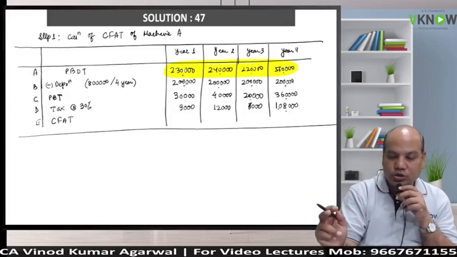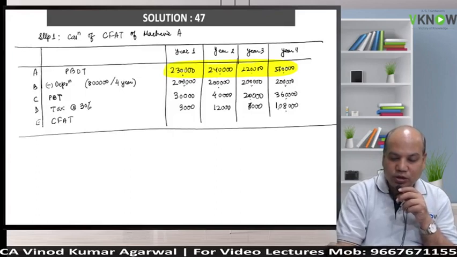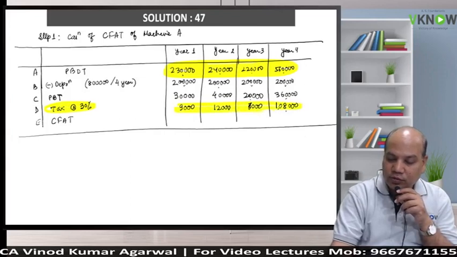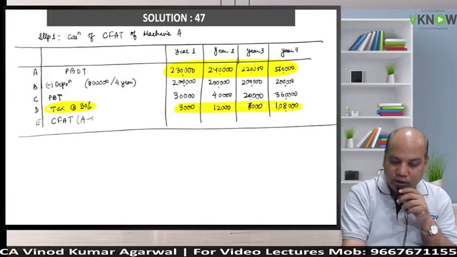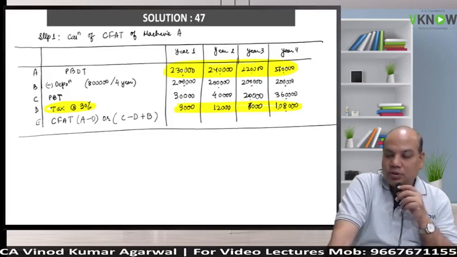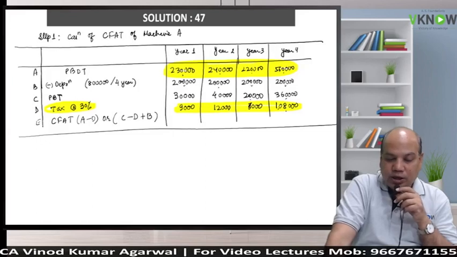Depreciation is a non-cash column. PBT is non-cash column. Tax is an outflow. So can I write A minus D, or suppose you are not convinced, C minus D plus B. C minus D will give you PAT, and PAT plus depreciation. You will get same answer.